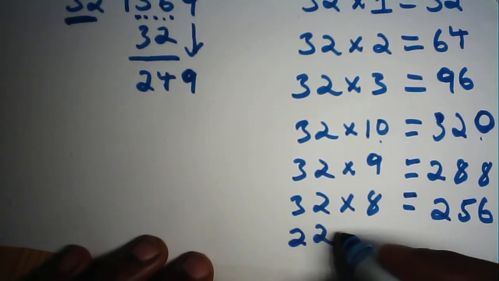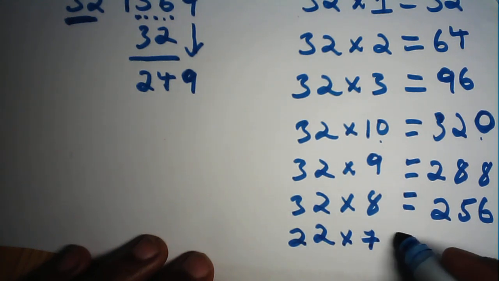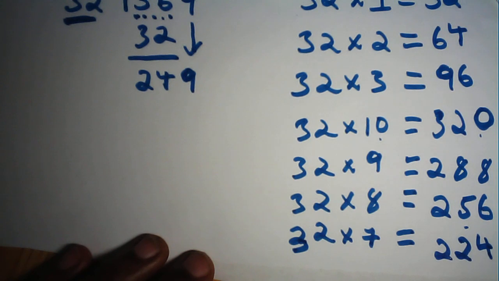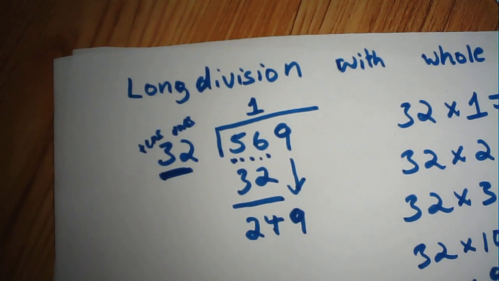So 32 times 7. 32 times 7 is going to be, subtract 32 from this, and what would I end up with? 2 minus 6 would give me 4. 3 minus 5 would give me 2. And I end up with this, and this would be the nearest multiple to 249 here.